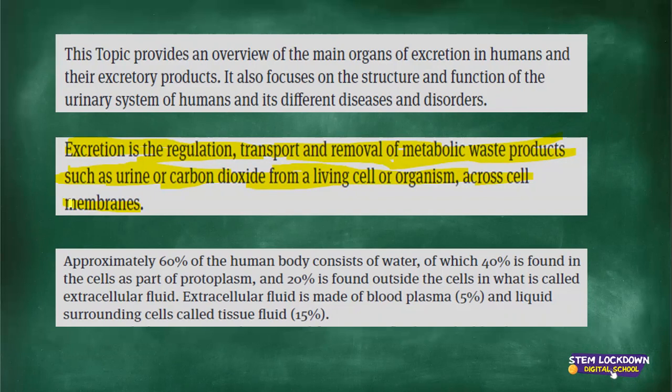Extracellular fluid is made up of what? When we speak of extracellular fluid, it's made up of blood plasma, which is about 5%, and liquid surrounding cells, which is called tissue fluid. So you've got different types of fluids in your body. The extracellular fluid consists of the blood plasma and tissue fluid.